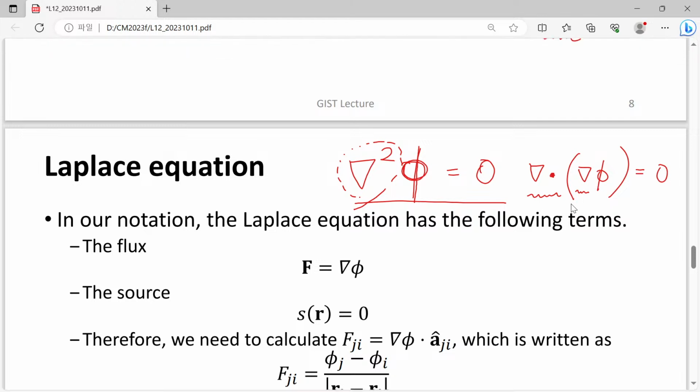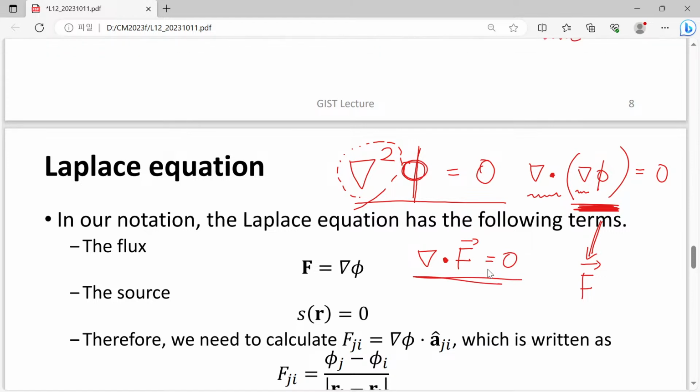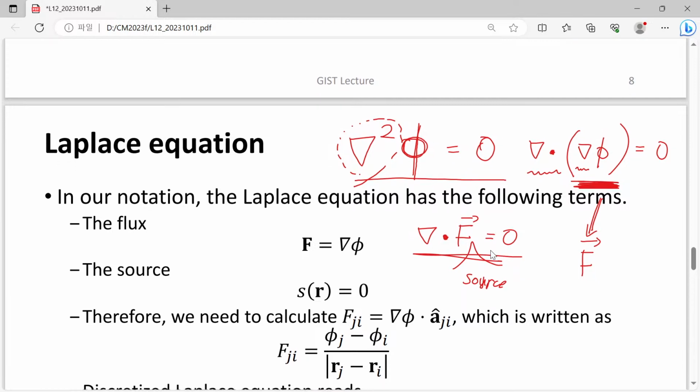So now when we identify this gradient of phi as a flux term f, it can be written simply as divergence of f equal to 0. This fits our general form without any kind of source term. There is no source term, and the flux can be simply written as the gradient of our solution phi.